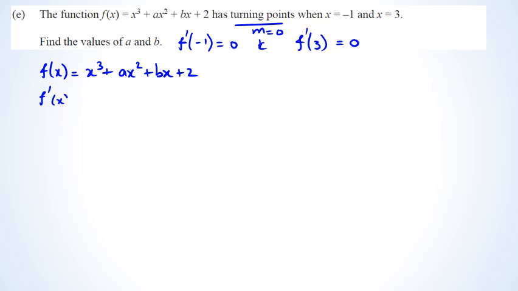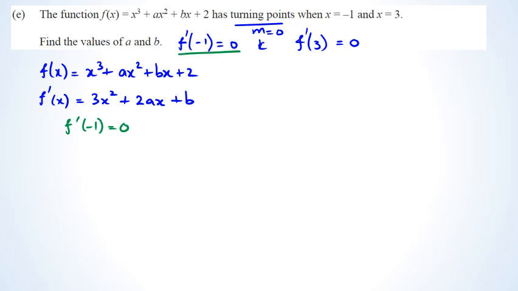This most likely is going to be a simultaneous equation, but let's see what happens. So f dash of x would then be 3x squared plus 2ax plus b. Okay, so we got that so far. Now the next step is that we're going to use those two equations. My first equation is f dash of -1 is equal to 0.